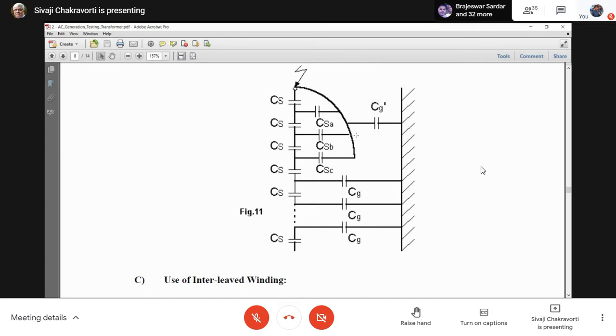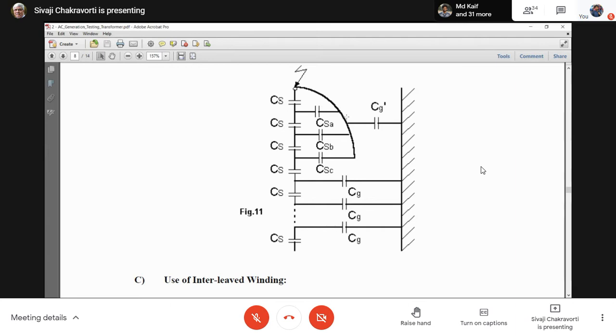Whereas the individual sections form some more capacitances with respect to the shield. And you can clearly see that these capacitances, CSA and CSB and CS, are all in parallel. Or in other words, the capacitance increases. That means CS increases.